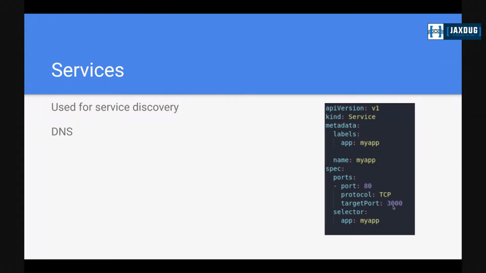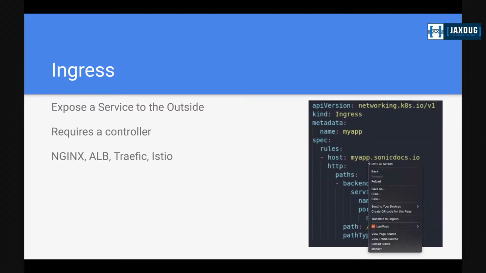It's going to route port 80 to port 3000 running inside that pod, and expose it with the name my app. So I can hit this in DNS inside my cluster as my app. Anywhere that I need to talk to my app, I can just say http://my app, and it would work. And then finally, an ingress.